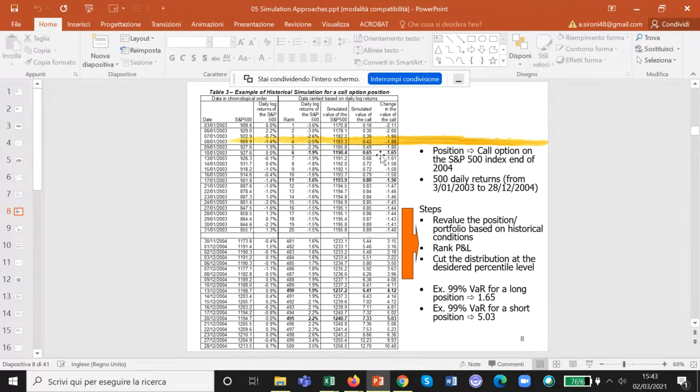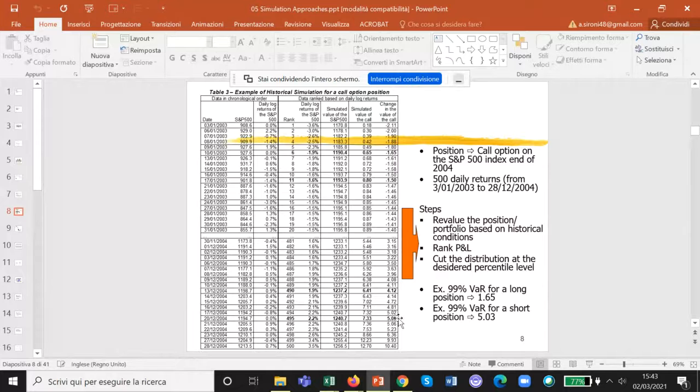If I had a short position on the call option, clearly I would have lost in case of an increase in the market index, i.e. an increase in the value of the call. And here I would have cut the distribution at the other extreme, and the 6th worst here would have been 5.03.